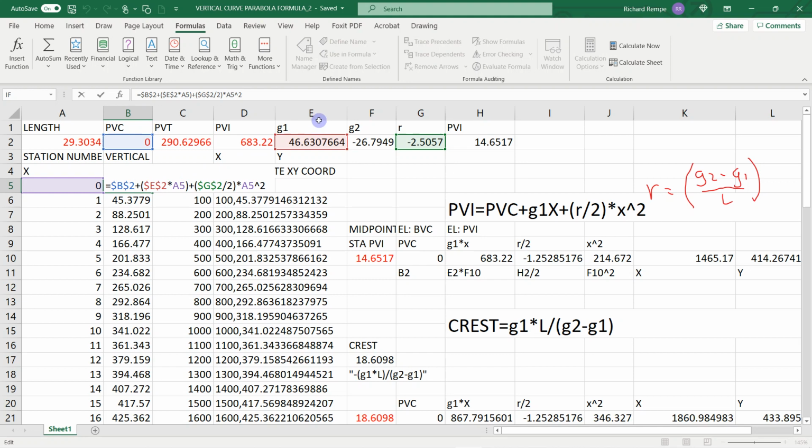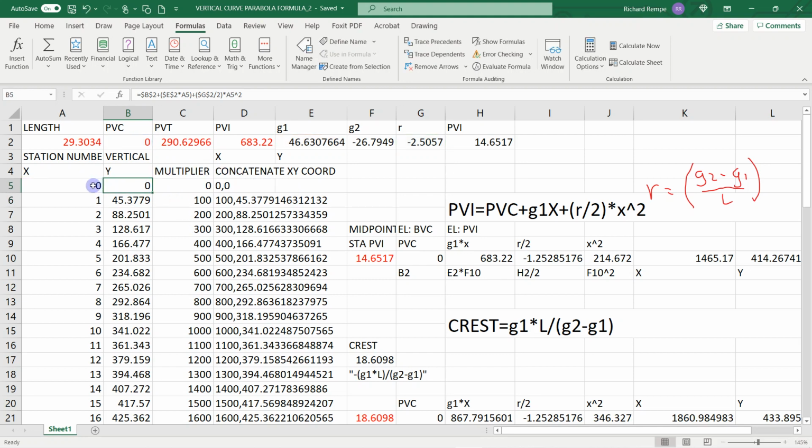E2 is G1, and then X is A5, referring to itself over here, the station. And then I did the same thing, plus. And then I get R divided by 2, which is G2, right? It's referring to the green cell here, divided by 2. The 2 is a constant, it doesn't change. And then we get times A5, which is X squared, right? And that's the formula for the Y on this station 0.